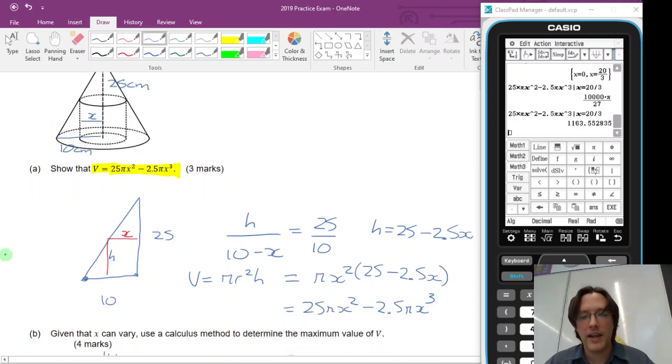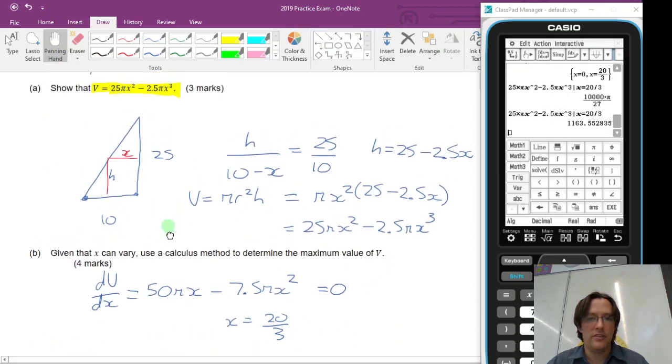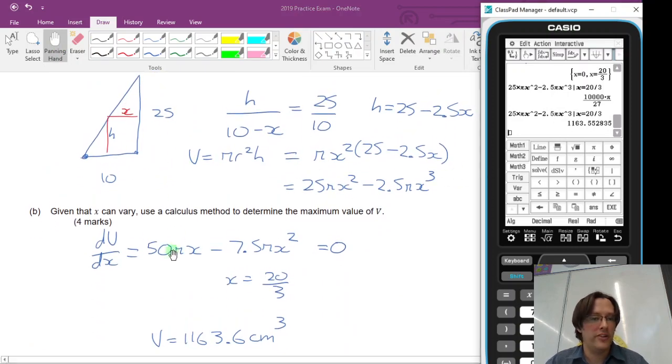So 25 pi x squared minus 2.5 pi x cubed. Let me just see if I can intuit a way that this worked again. So if we had 10 times, no, it's lost me. I've completely forgotten how I solved it, but I'm not going to waste more time on this because there's more important things to do, and I think this is a silly question anyway.